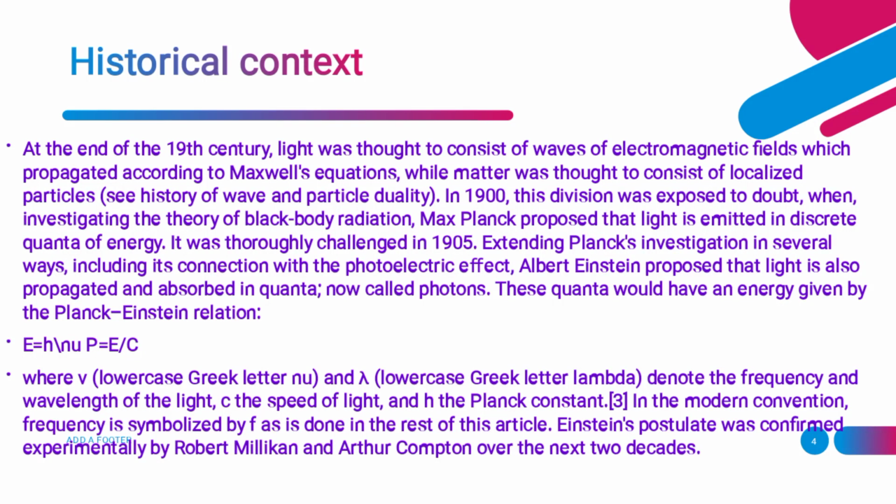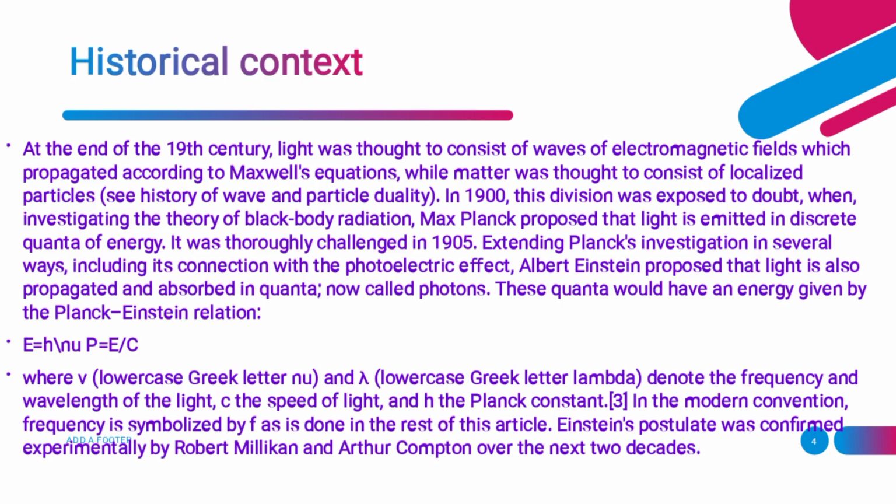Then, investigating the theory of black body radiation, Planck proposed that light is emitted in discrete quanta of energy. And after investigation in several ways, including its connection with the photoelectric effect, Albert Einstein proposed that light is also propagated and absorbed in quanta.